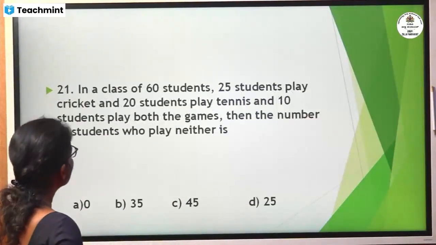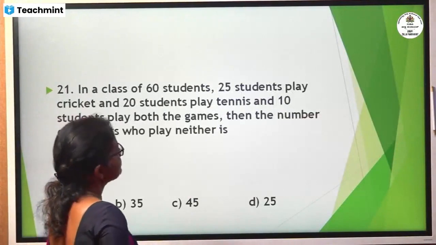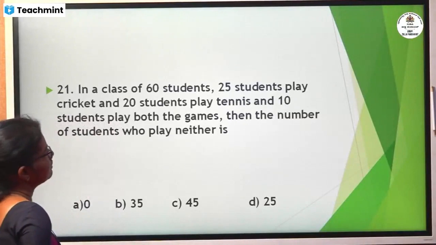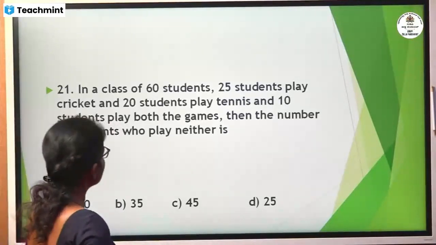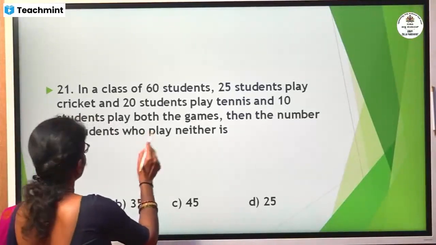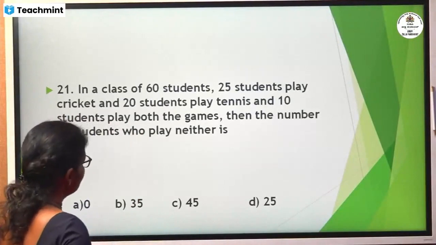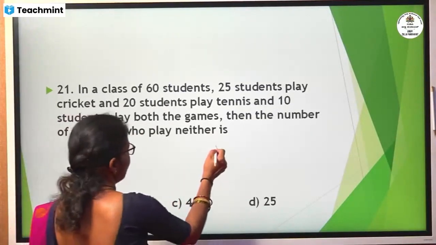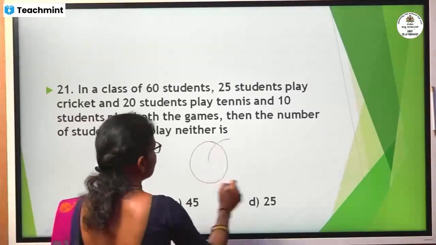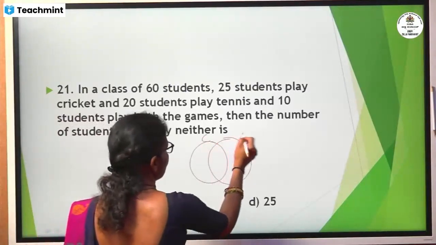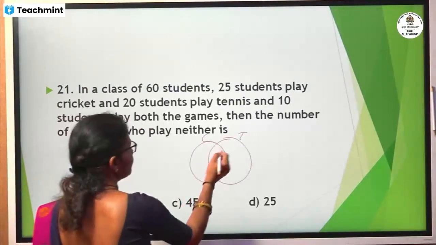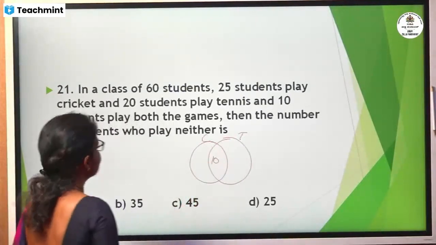Next question. In a class of 60 students, 25 students play cricket, 20 students play tennis, 10 students play both. Then we need the number of students who play neither tennis nor cricket. For that, again consider a Venn diagram for cricket and tennis. First fill in the number who play both, that is 10.